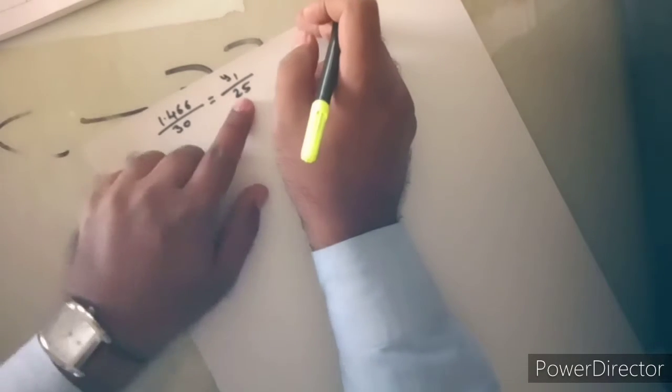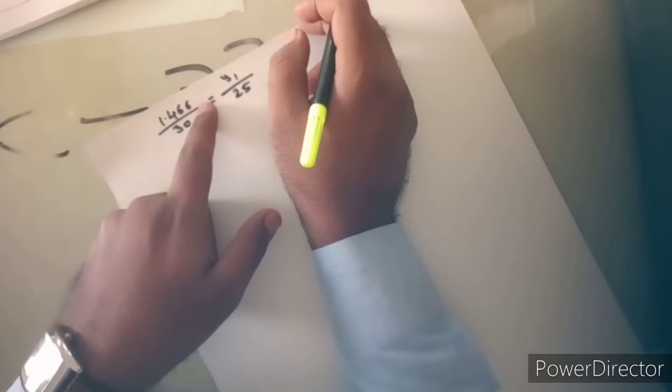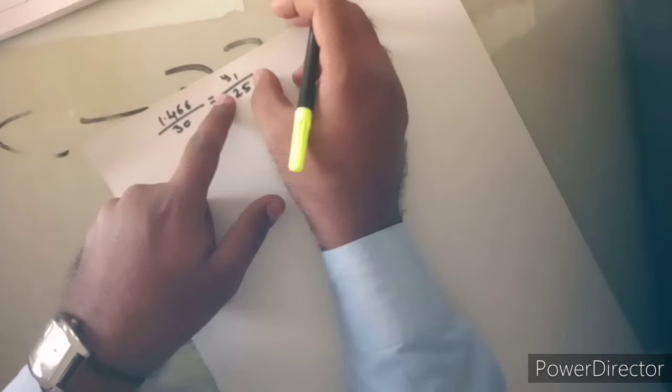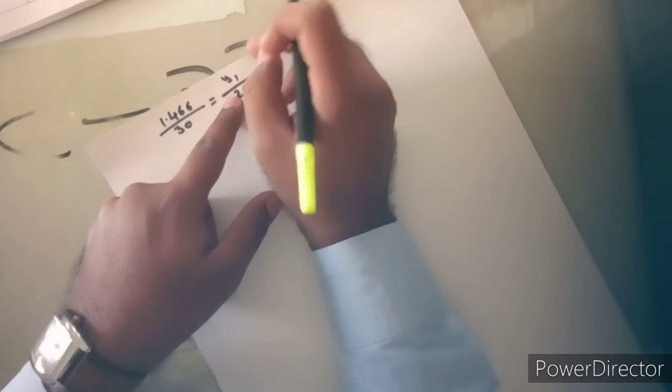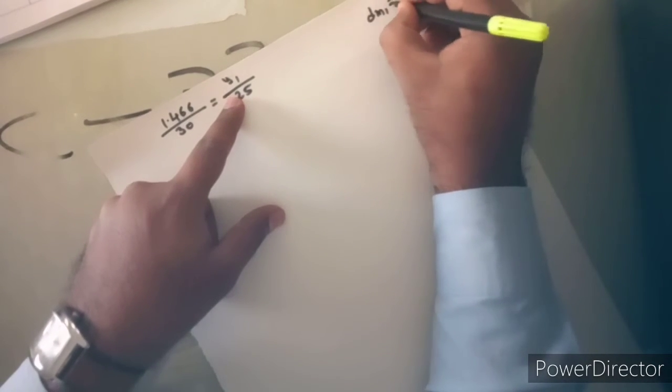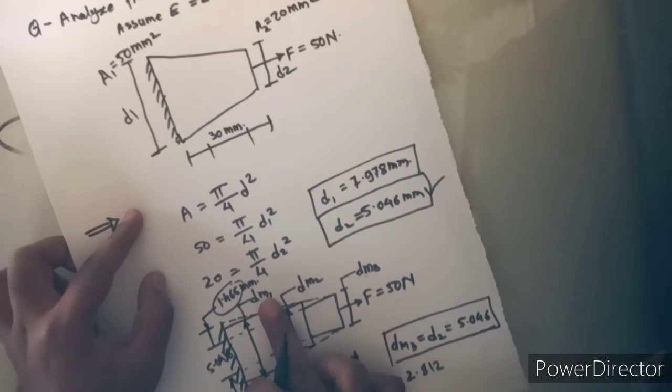For 30 mm it's 1.466, and for 25 mm, the middle of that part, we find the diameter DM1. DM2 and DM1 you have to find out.